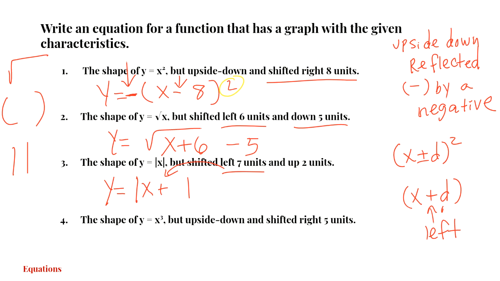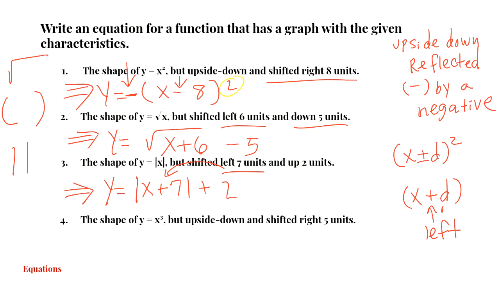So plus 7, and then it goes up 2. If it goes up 2, it's positive. So y is equal to the absolute value of x plus 7, plus 2.